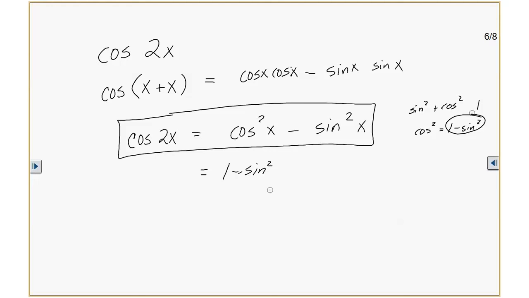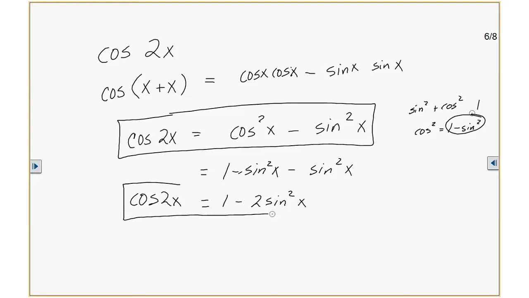So that'd be 1 minus sine squared x minus sine squared x. And what's minus sine squared minus sine squared? 2 sine squared x. So cosine of 2x is equal to what? 1 minus 2 sine squared x.